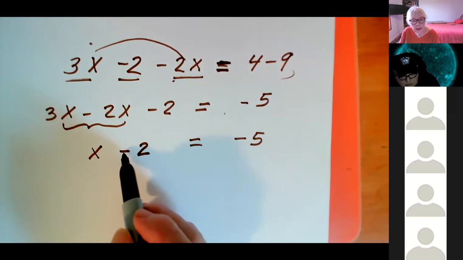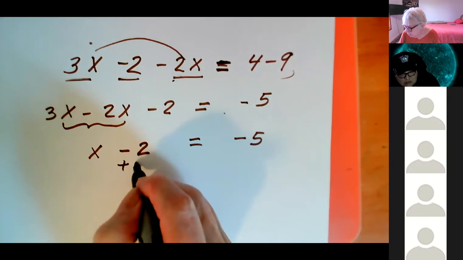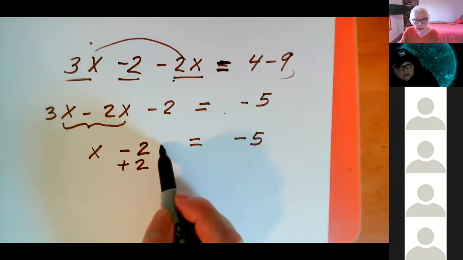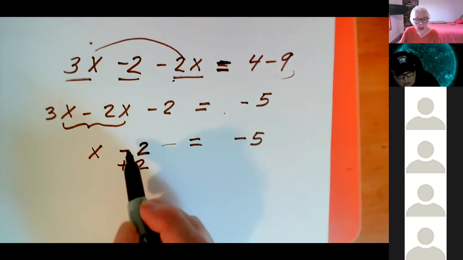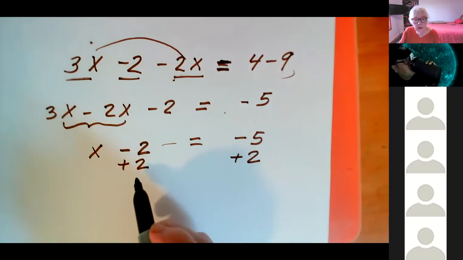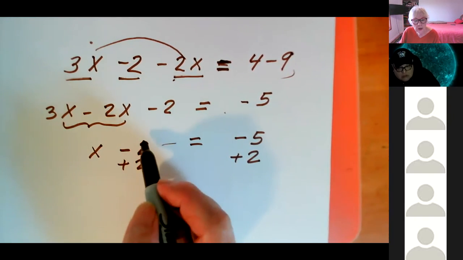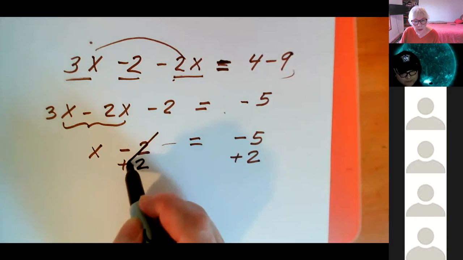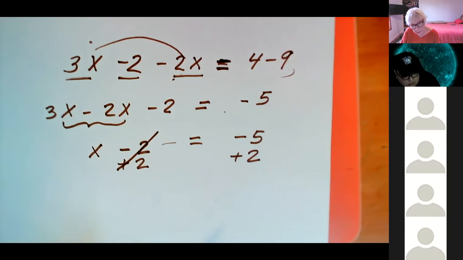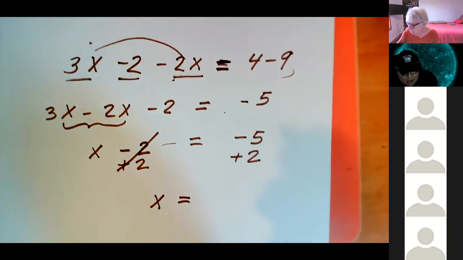And so this is subtract 2. So we want to do opposite of subtract 2, which is add 2. Now, some people like to put it over here. I like to put it underneath. And I would literally say +2 on both sides, so I don't lose it. So the subtract and the +2 are 0. What's left is X on this side.